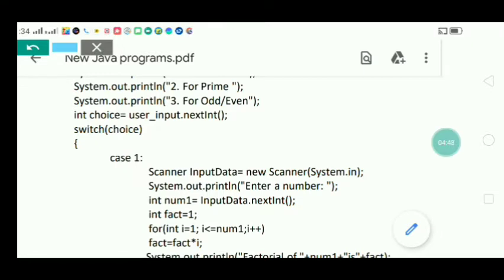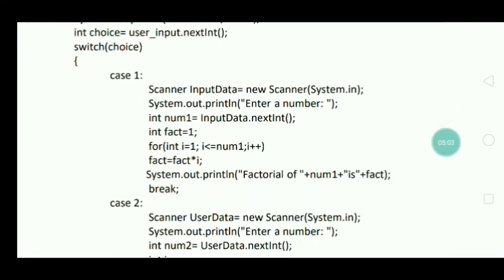So if you entered 1, then the choice variable has the value 1, so it will match with case 1. Then you can find out the factorial of a number.